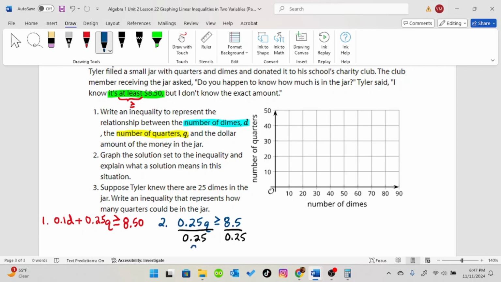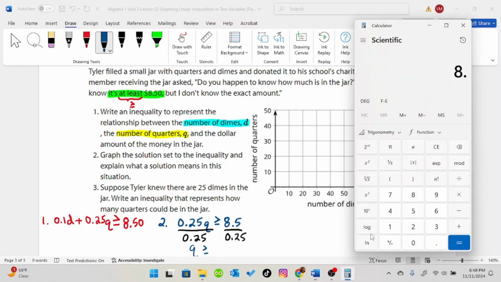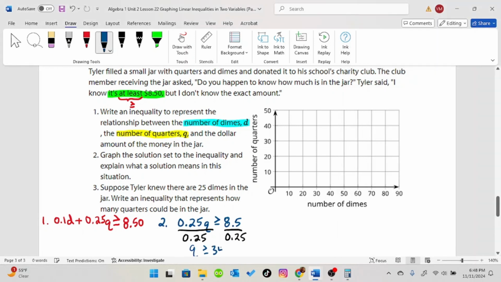This tells us that Q must be greater than or equal to 8.5 divided by 0.25, which is 34. So on our graph, we go to where there are no dimes and 34 quarters, and we put a point for our Q-intercept.